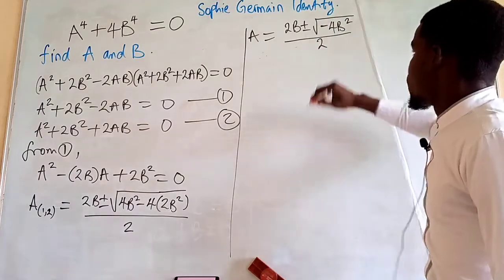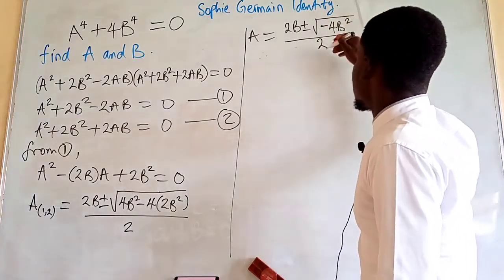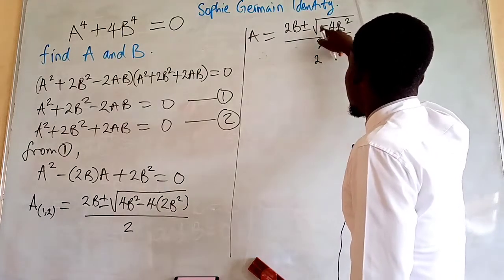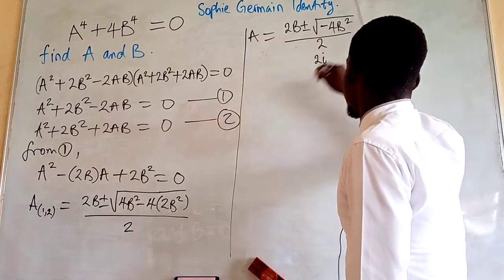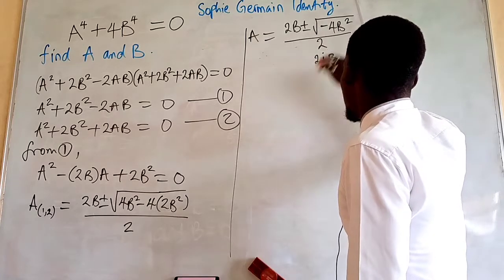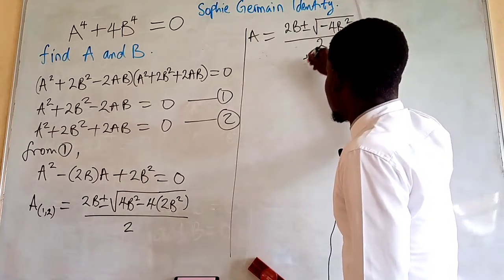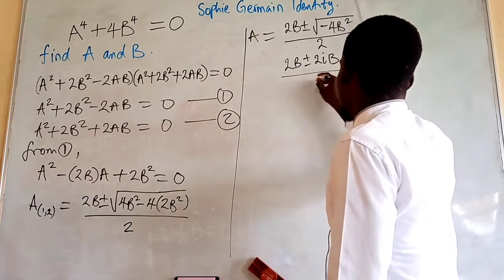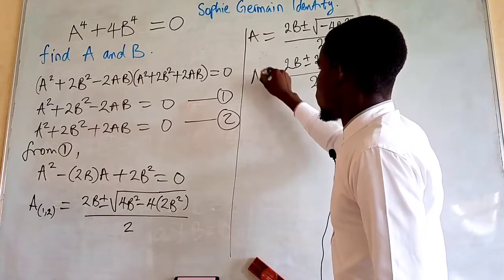Here, under the square root sign, if we just want to evaluate this, we're going to enter with 2, that is square root of 4. The square root of negative 1 is just the iota, and we just put this down as b, alright? And I can add it with 2b. Okay, I divided by 2, and this is equal to a.